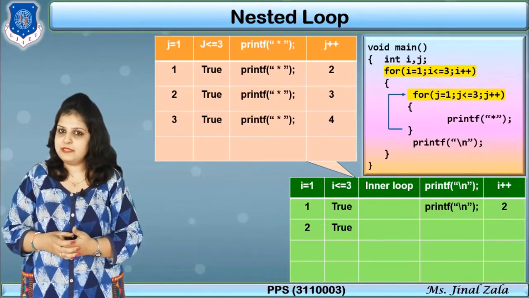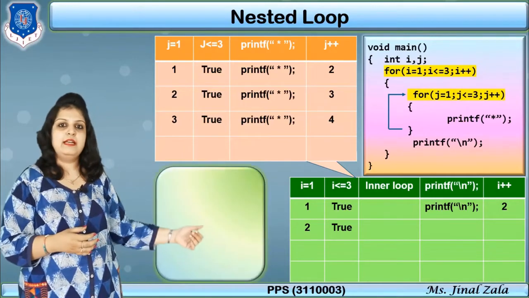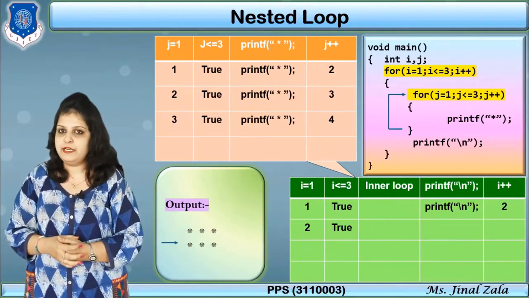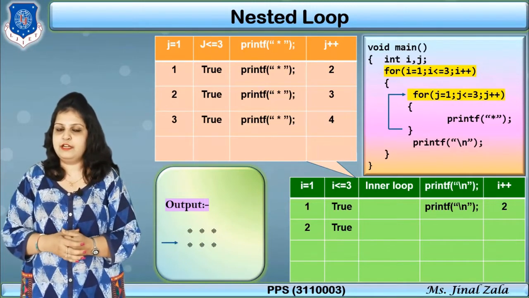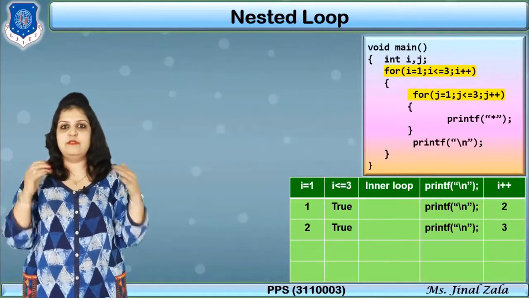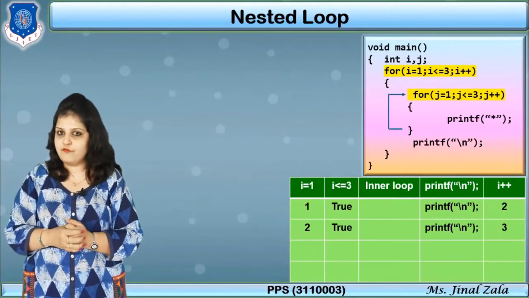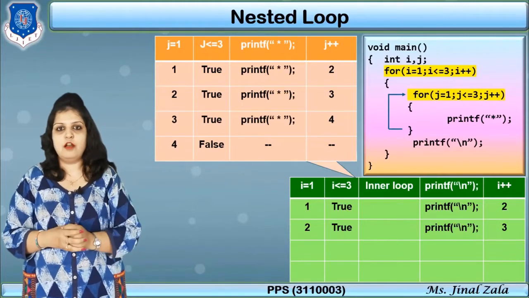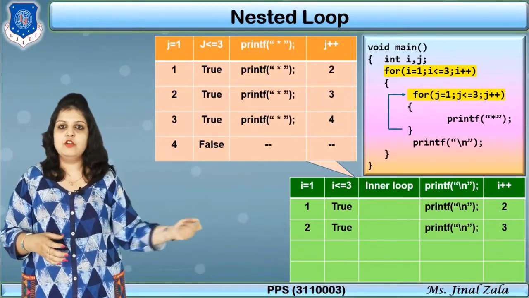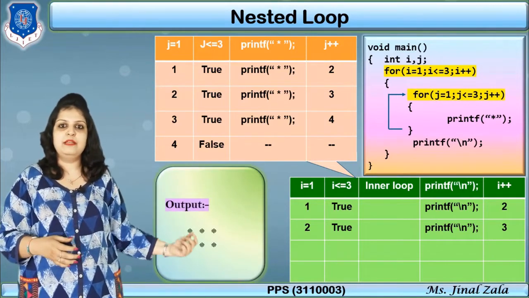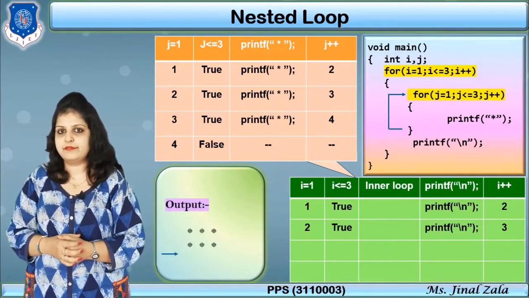So again printf star executed, and in the second line the third star will be printed, and j incremented. So j becomes 4. Now check the condition, but 4 less or equal to 3, now the condition becomes false, and our control goes outside the column loop, and printf /n will be executed, and our control goes to the new line, meaning a new line will be printed here, right.